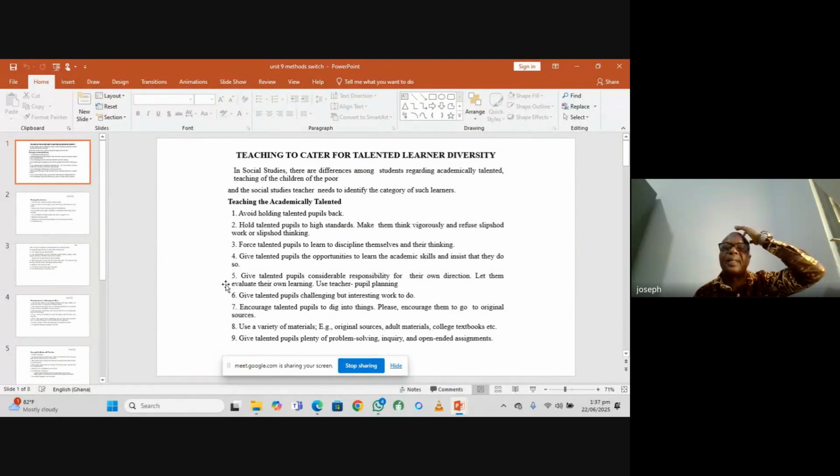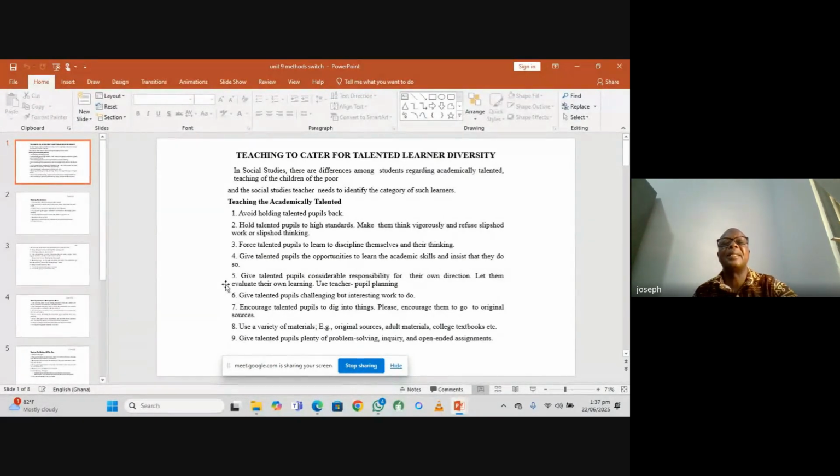We talk of principles of teaching, and we talk of individual differences. Even twins, we say they are not the same. They all have their individual unique characteristics different from one another, even though they came from the same parent, the same time, or the same womb. They still have their individual unique characteristics. So they have their different academic talents and capabilities.